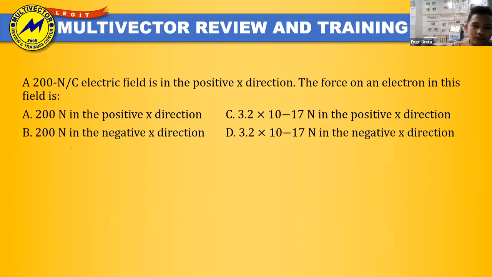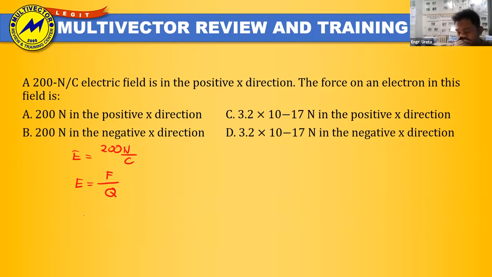So dito, our E is just equals to 200 Newton per coulomb. Based dun sa unit natin, pwede natin sabihin that our E, Newton is a unit of force, while C is a unit of charge. Electric field is just force divided by our charge.